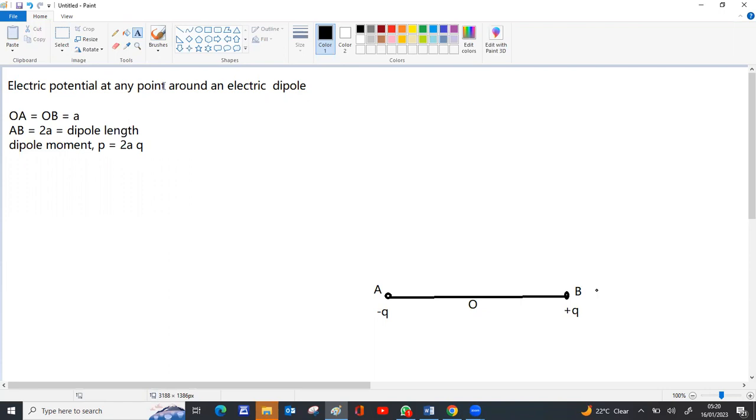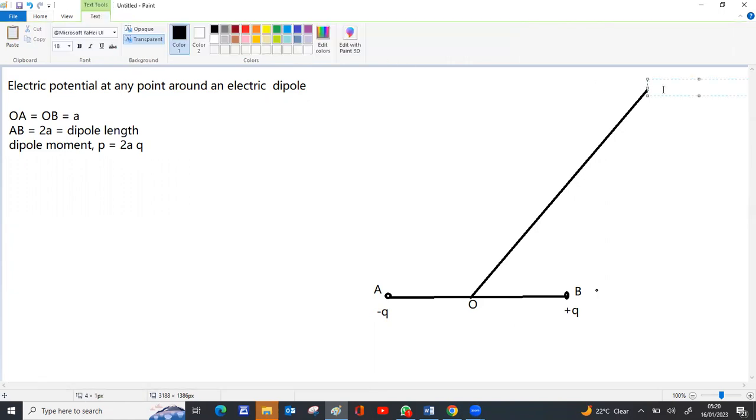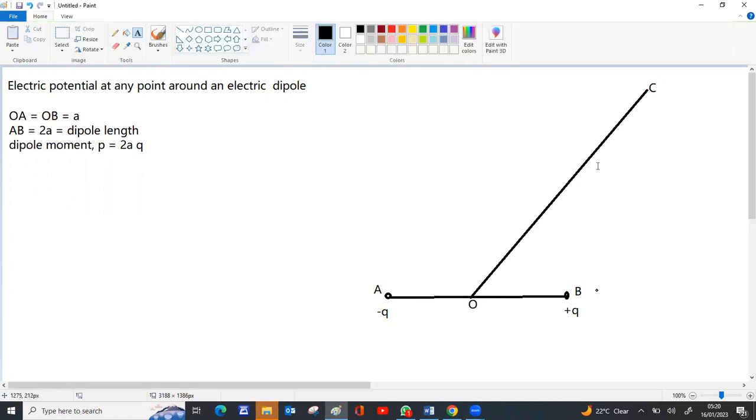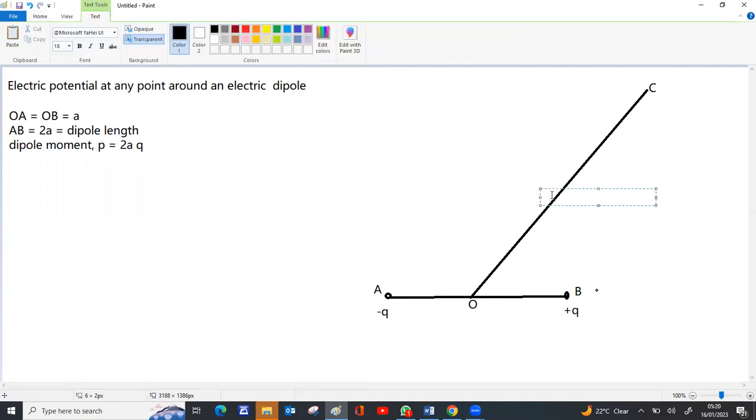Electric potential at any point around the dipole. So any point means it will not be on the equatorial or axial line. You take any point, let the point be C. The distance from O to C is r.